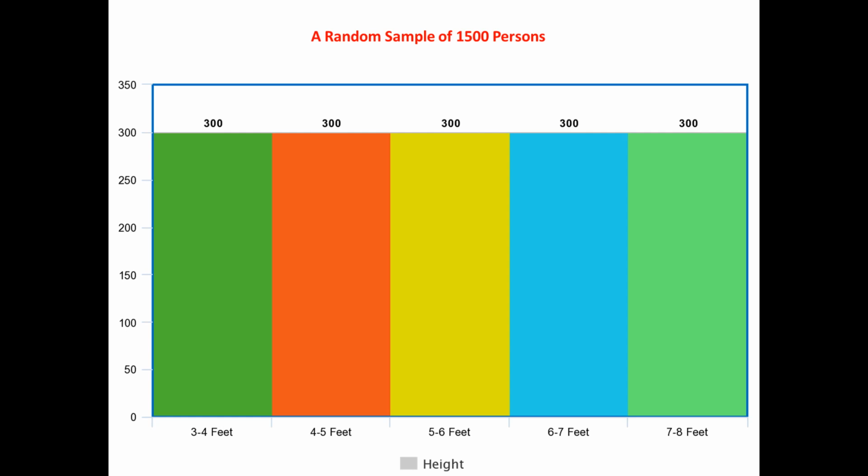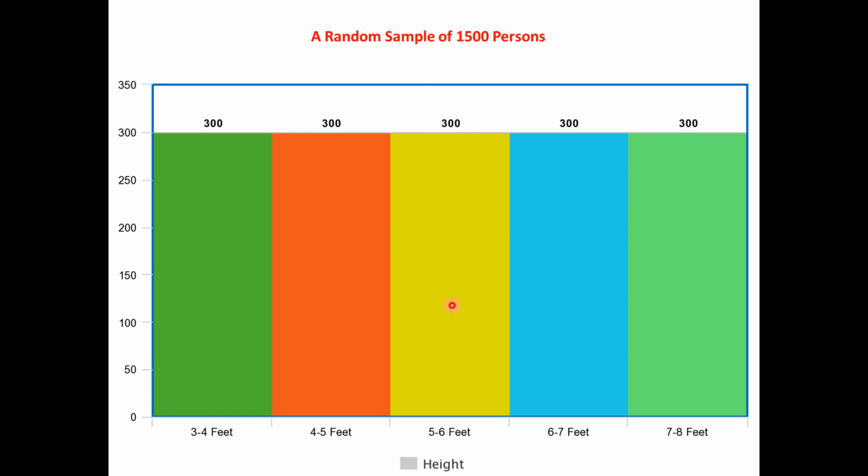But the majority of the people would be around this height, which is 5 and 6 feet. So out of 1500, 900 people, or even higher, would be in this particular range. And between 4 and 5 feet, you will have very small numbers. Similarly, between 6 and 7 feet, the numbers would be small. But the majority of the people would not be here or here. Majority of the people would lie between 5 and 6 feet.